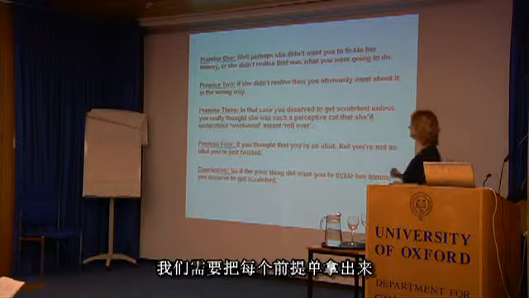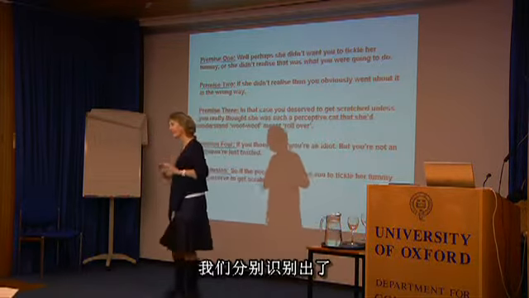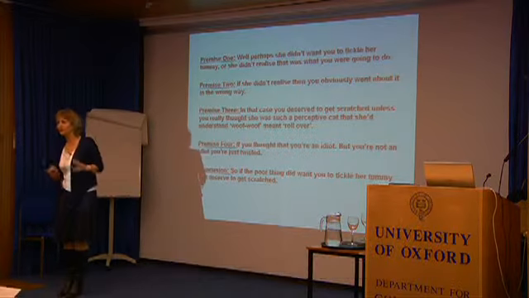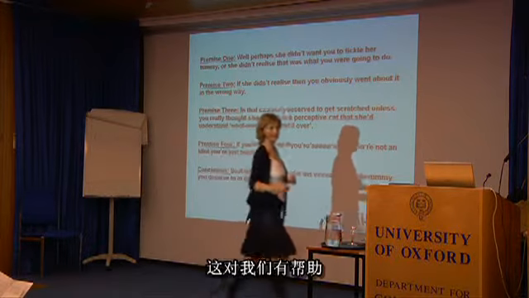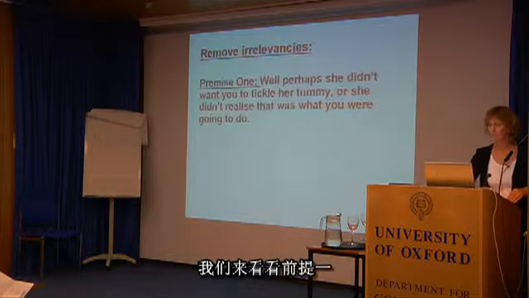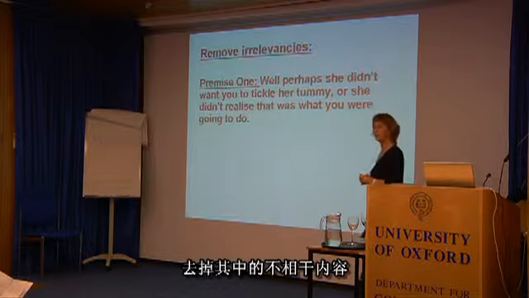What we need to do is take each premise separately. Now, the nice thing about having identified the premises and the conclusions separately is we can treat each one separately now. We don't have to do them all at the same time, and that helps us. So let's look at premise 1, and let's remove the irrelevancies from premise 1.